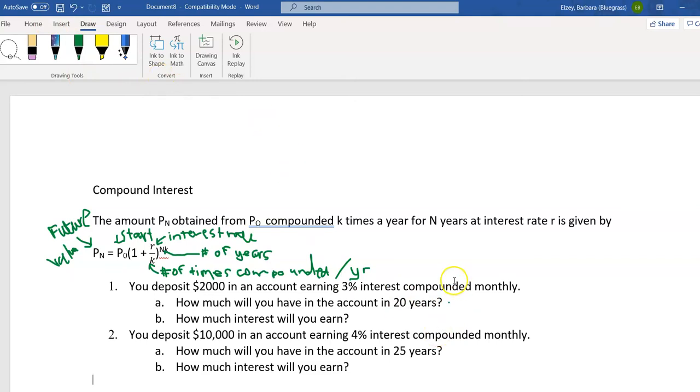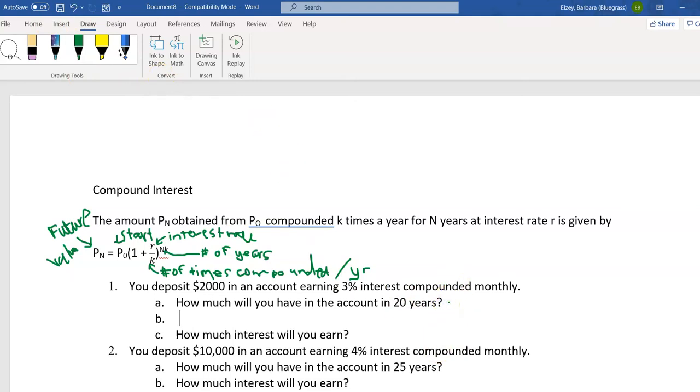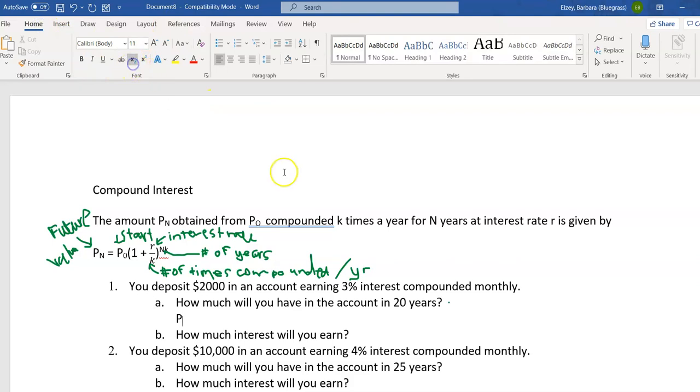Okay, so let's identify everything that we know. Our $2,000 is the initial amount that we're going to deposit. So it's our starting amount, P sub 0. So P sub 0, first of all, is $2,000.